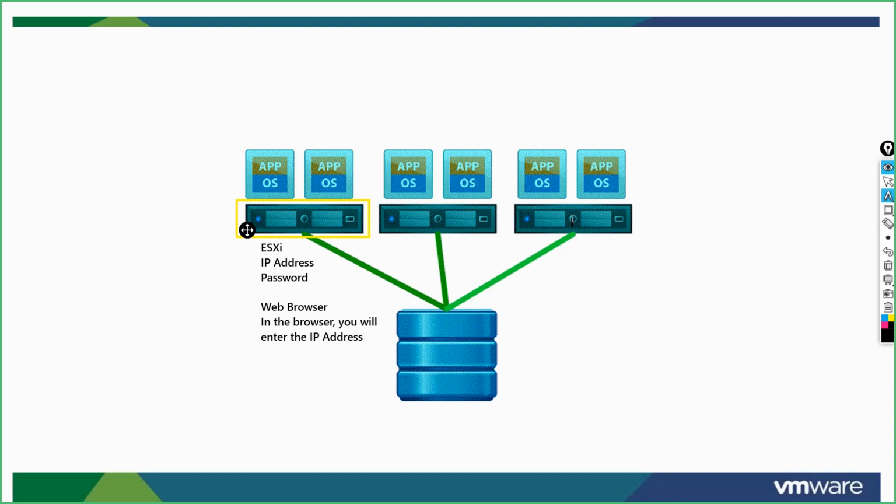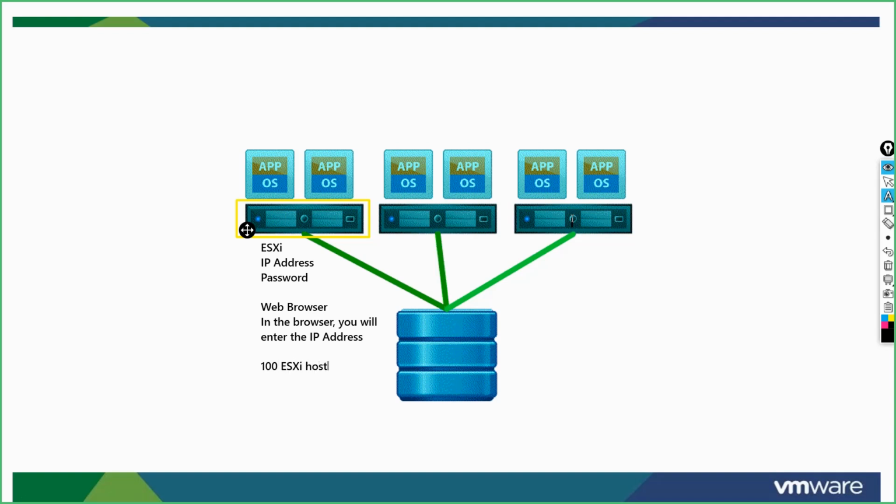But consider you are having 100 or even more ESXi hosts. Over here, in this case, three were there, so you opened new tabs and entered the IP addresses to access the ESXi hosts. But consider a scenario where you have 100 ESXi hosts running in your environment.